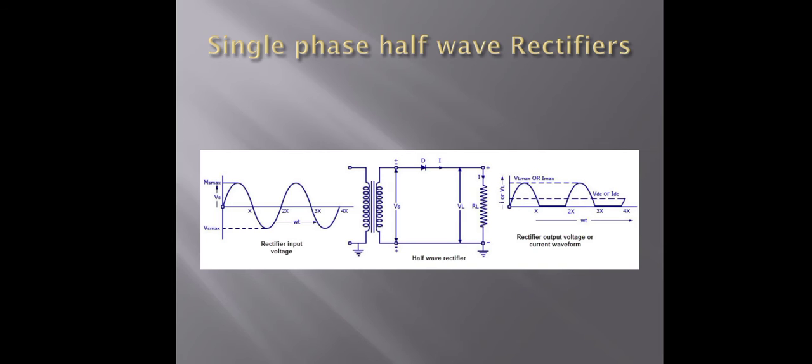See here the output voltage or current waveform: from 0 to pi, the current flows in the positive half as the diode is forward biased, and from pi to 2 pi, there is 0 current or 0 voltage. This is the positive half and negative half input signal applied to the half wave rectifier.